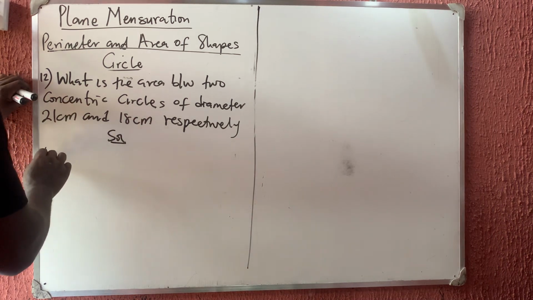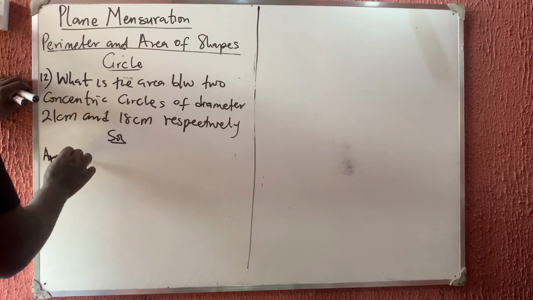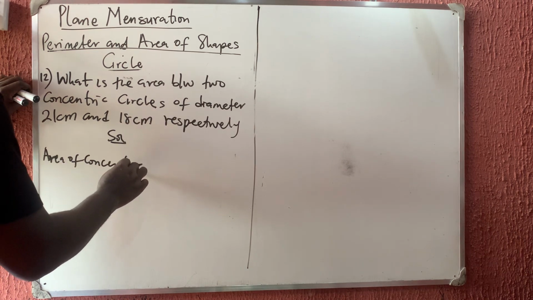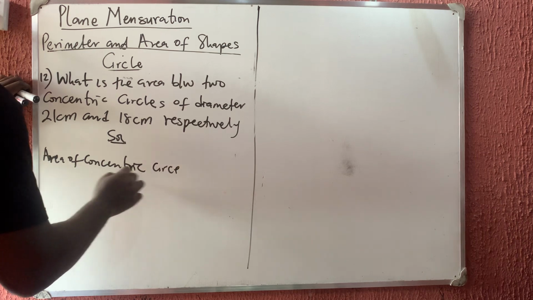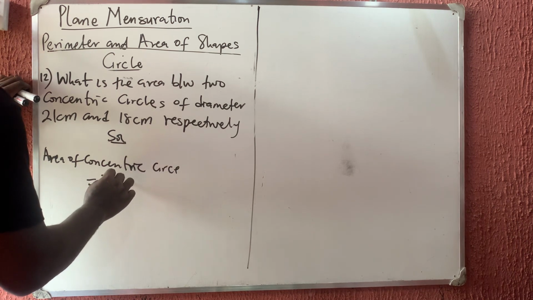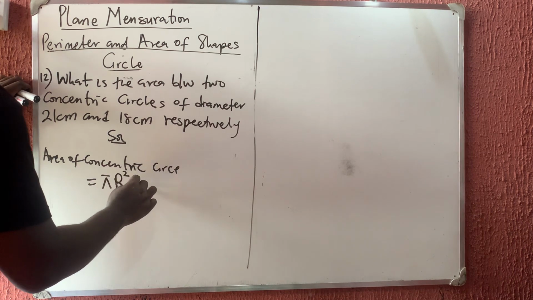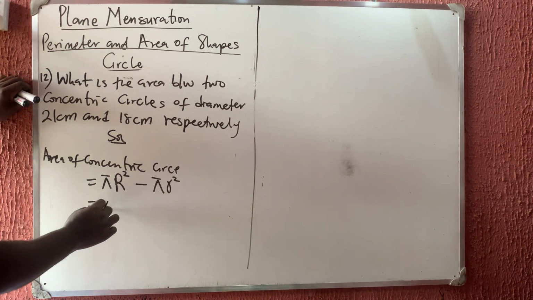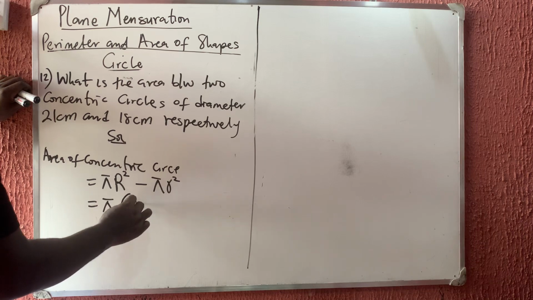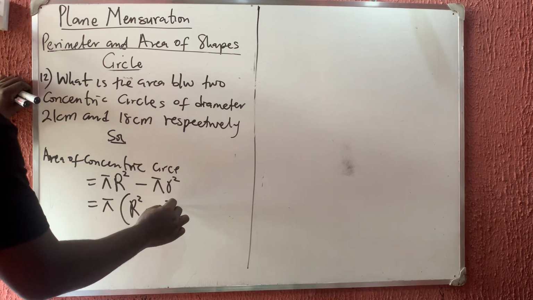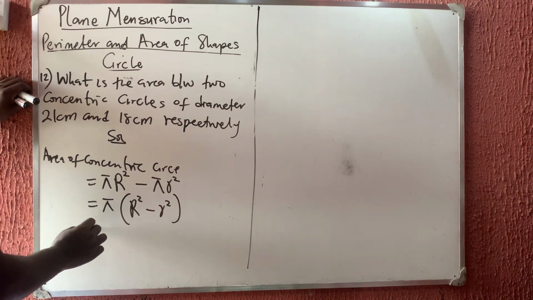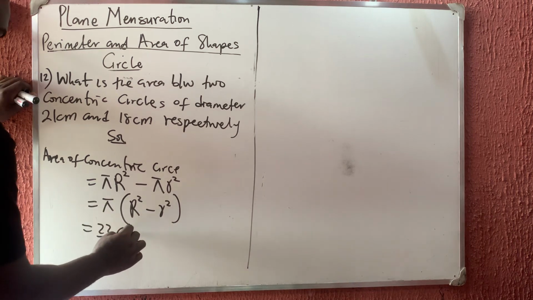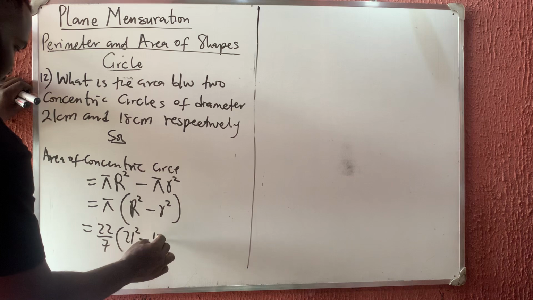I said the area of concentric circles is given as pi big R squared minus pi small r squared. So we can just factorize by saying pi in bracket of R squared minus r squared. So we have 22/7 in bracket of 21 squared minus 18 squared.